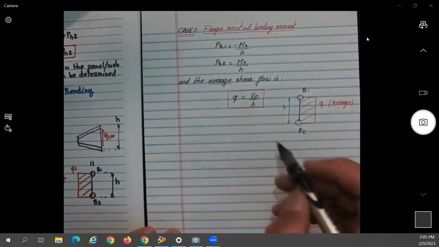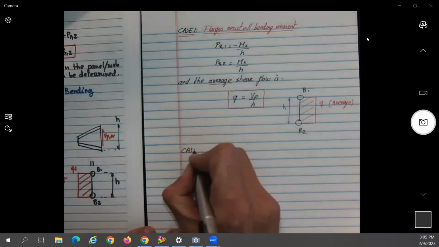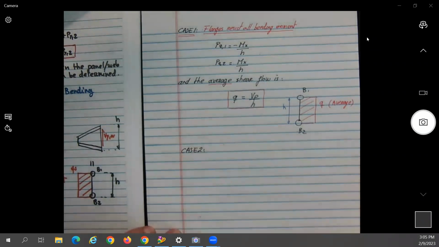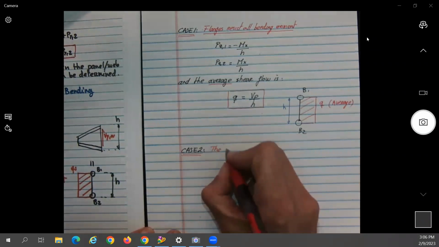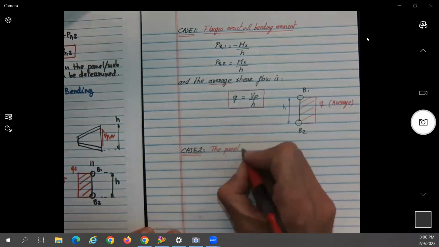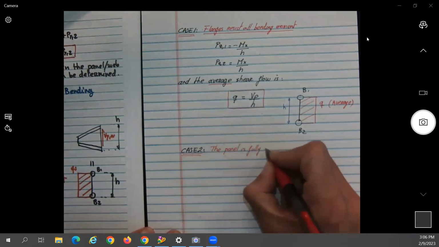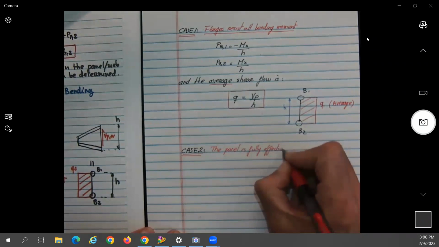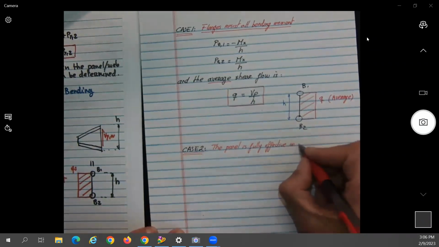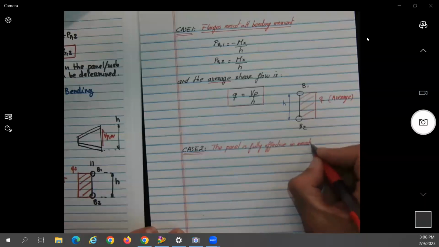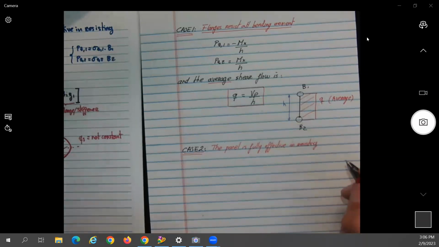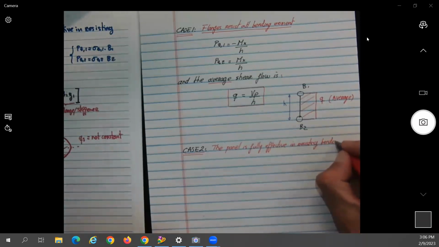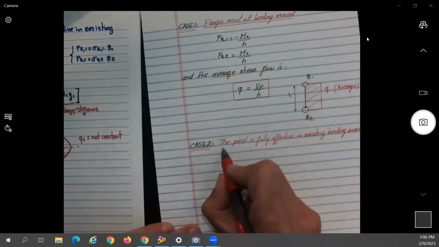All right, now case 2. This time I guess we call this one the panel is fully effective in resisting bending moment.